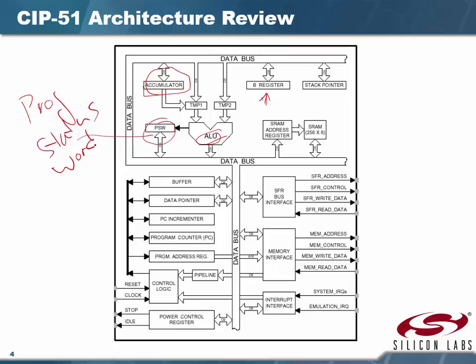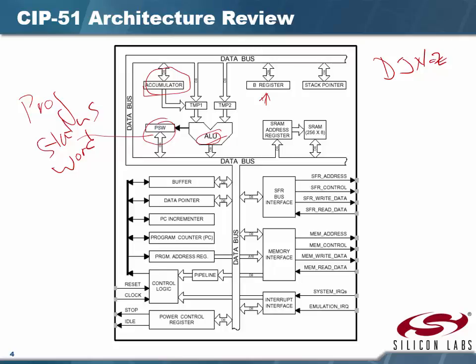Because whenever the ALU does something, it will update the program status word. For example, if we have a command, decrement jump not 0. We saw that command a week or two ago in our time delay routine.